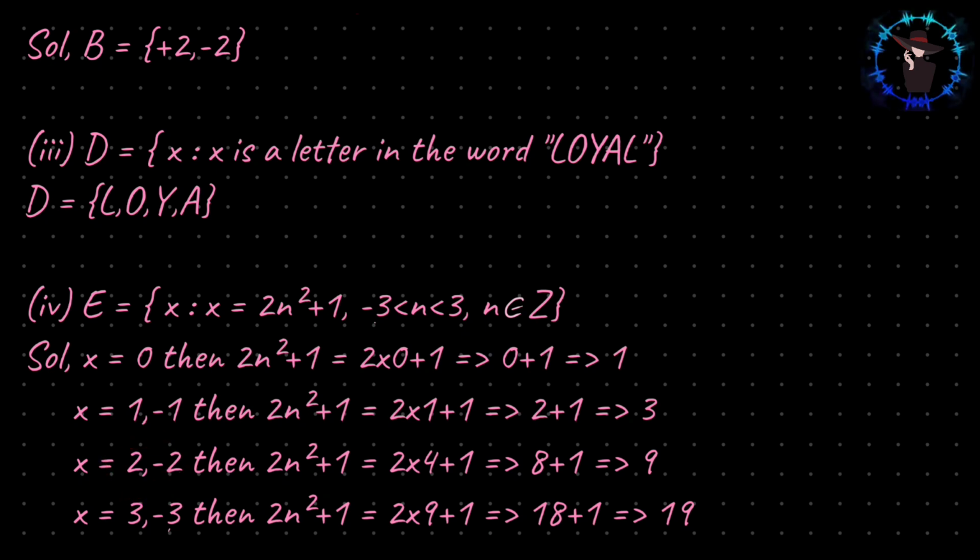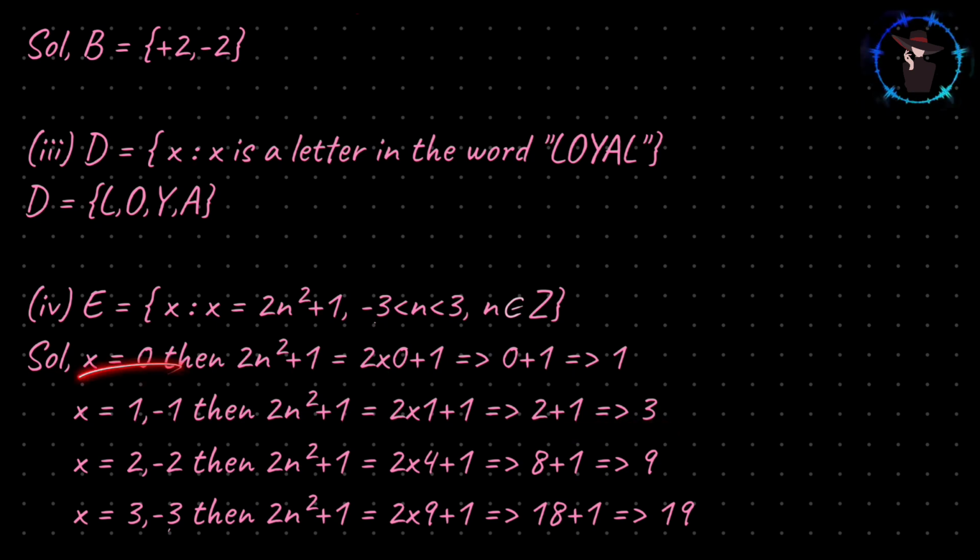Let's take 2 or minus 2. n square is minus 2 or 2 whole square, that is 4 either way. 2 into 4 is 8, right? Plus 1 as it is. 8 plus 1 is 9. If we take 1 or minus 1, we get the same answer because we are squaring. So minus also becomes plus. 2 into 1 is 2 plus 1 equals 3.